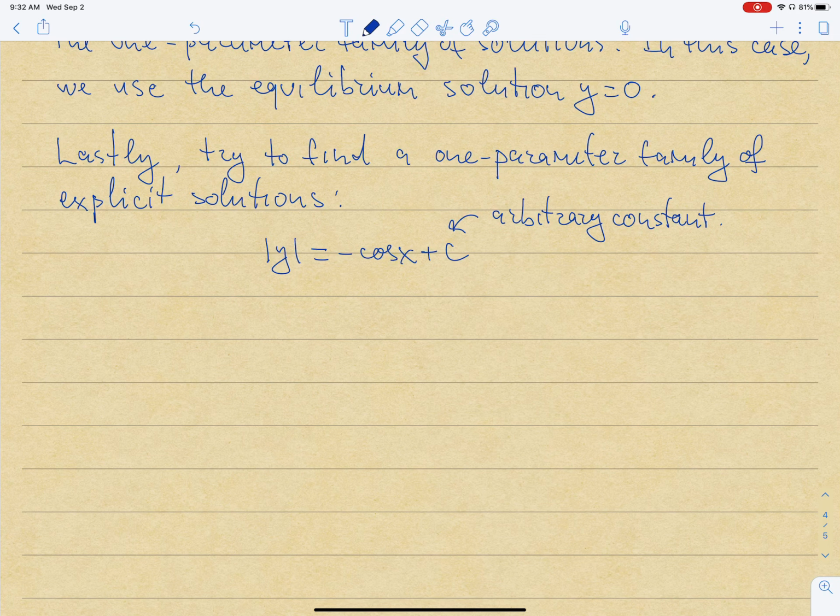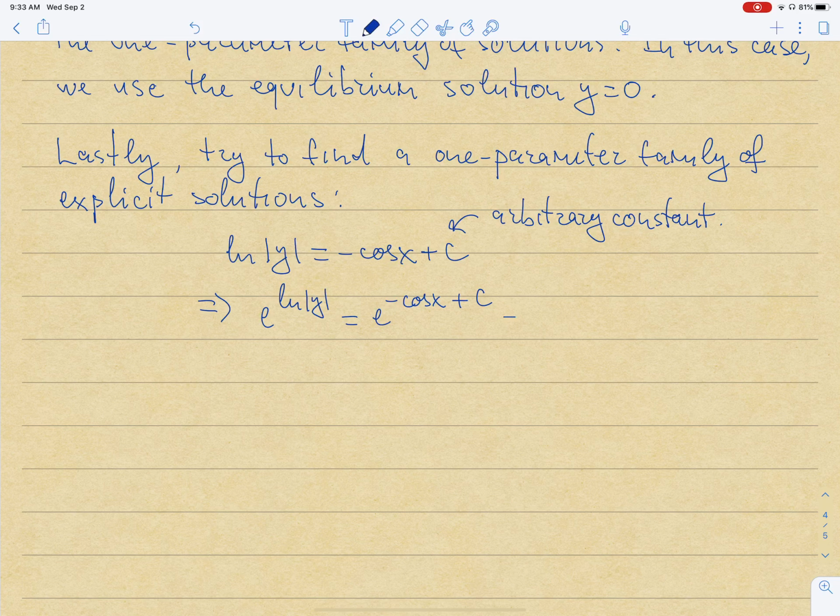I can exponentiate both sides. So ln of absolute value of y is equal to minus cosine of x plus c. I can exponentiate both sides and I'll have e to the ln of absolute value of y is the same thing as e to the minus cosine of x plus c.